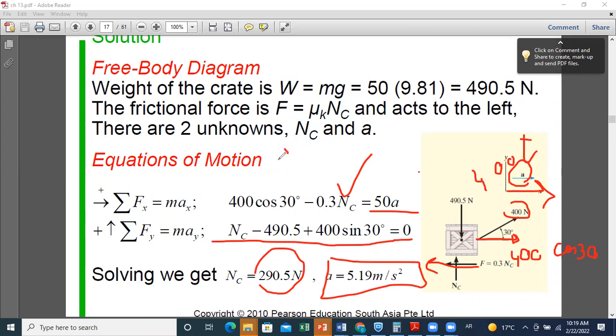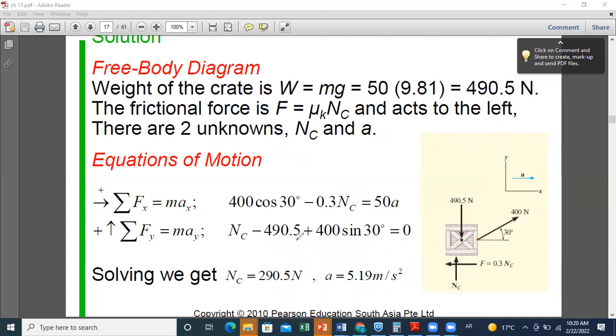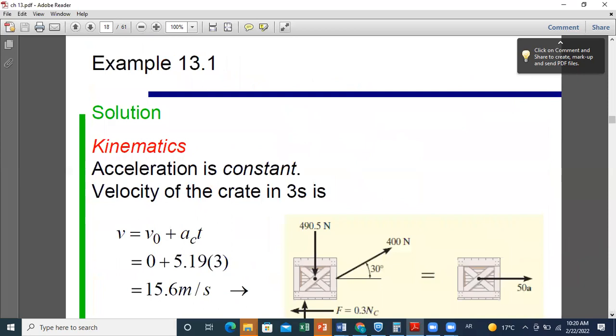And you say, since A is constant, I can use the formula that V is equal to AT plus V0. And since I'm starting from rest, V0 is 0. So my velocity is A times T. And in particular, I am interested in the velocity after 3 seconds. So all I have to do is to replace T by 3.